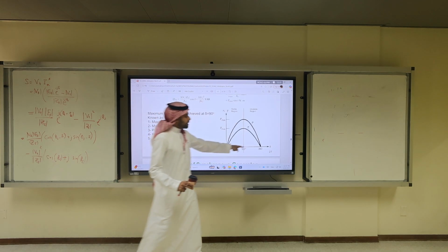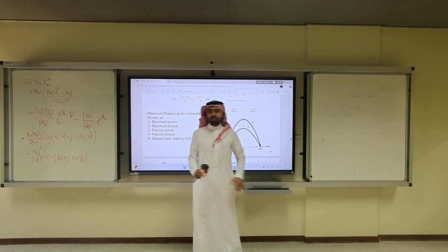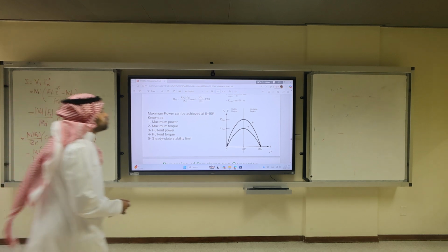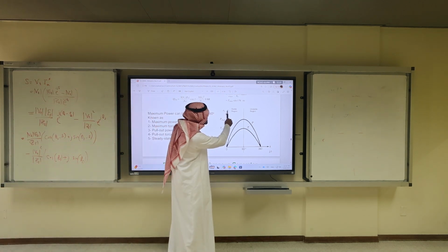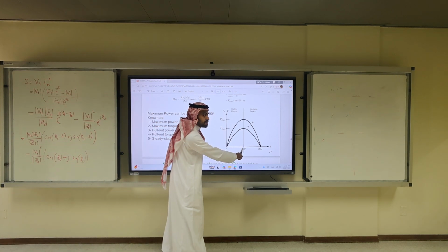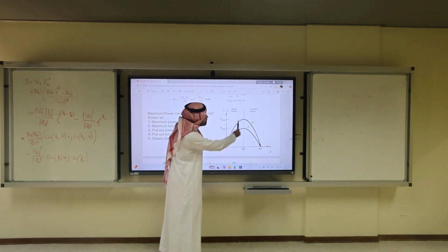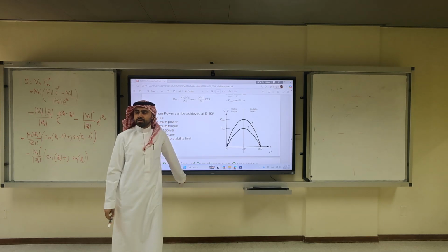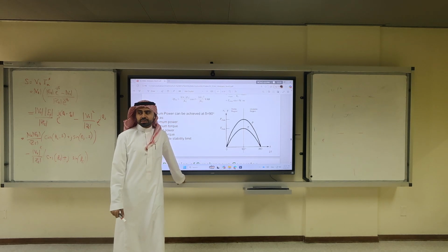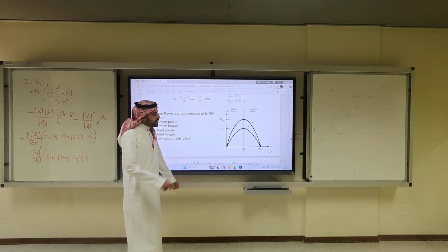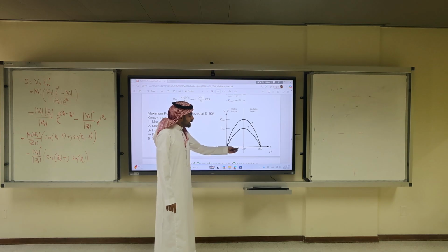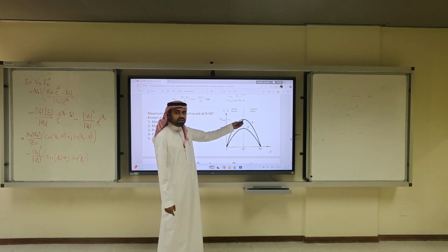Now, if you use other angles, you should get a negative curve, but that's not a generator. As a matter of fact, you are only allowed to operate in the stable region, which is 0 to 90 degrees. The moment you exceed 90 degrees, you go to the loss of synchronism. You lose your synchronism. And if you think about it, the stability region has to be somewhere here, not 90. 90 is on the verge of stability.